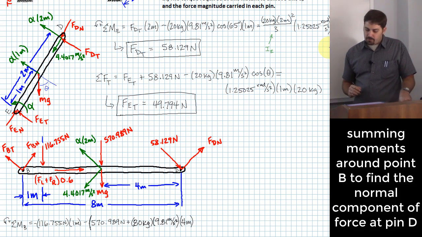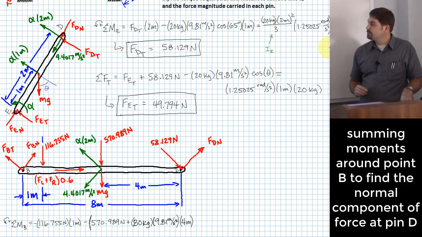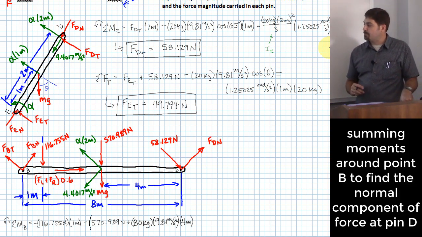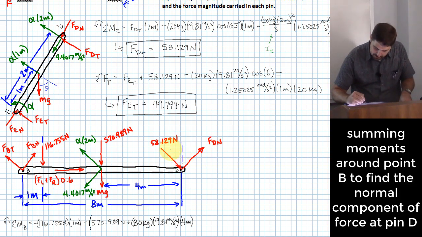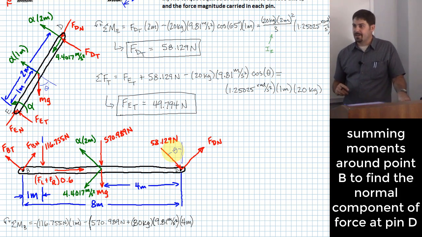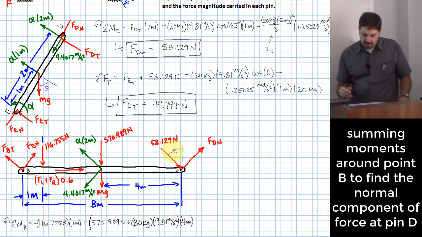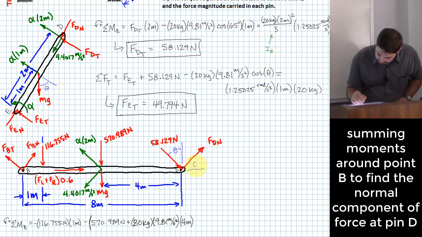How does that angle work? Okay, again, think about what if theta was 0? If theta was 0, 58.129 would actually be straight up and down, right? And that would indicate that if you measured it here, that would also give you a 0 if it was straight up and down, right? So that's where your theta is going to be. And this is where your theta over here is going to be.